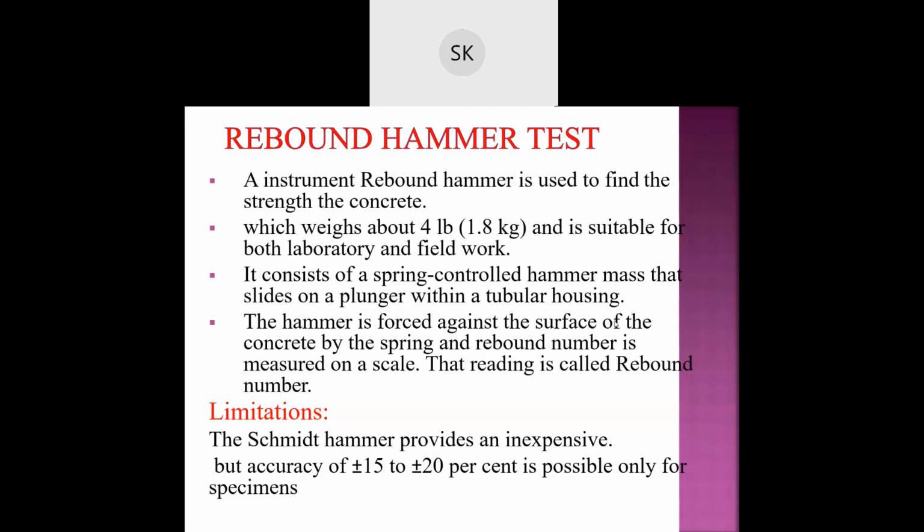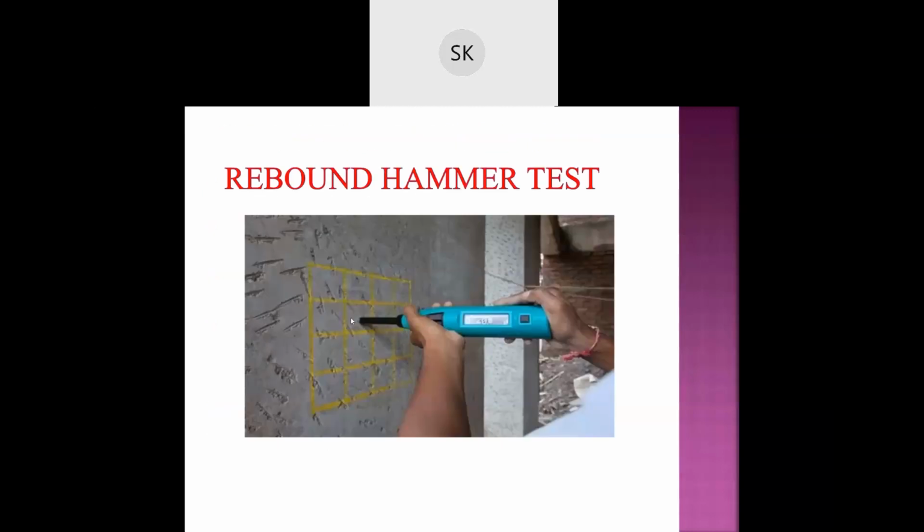The hammer is forced against the surface of the concrete by a spring, and the rebound is measured on a scale. That reading is called the rebound number. The limitation is that it is inexpensive, but accuracy of plus or minus 15 to 20% is possible only for specimens. So this is the rebound hammer test.